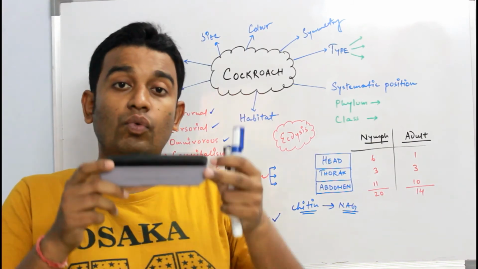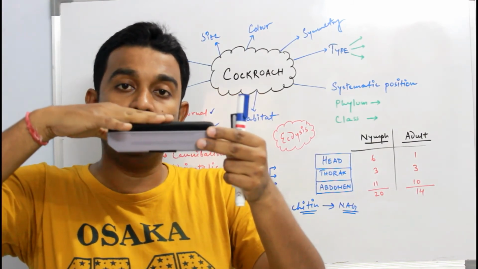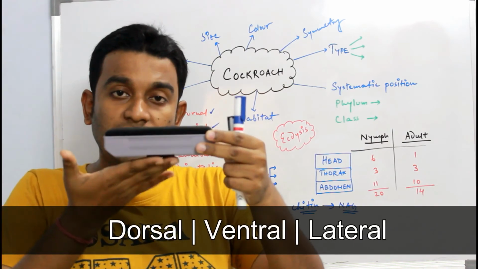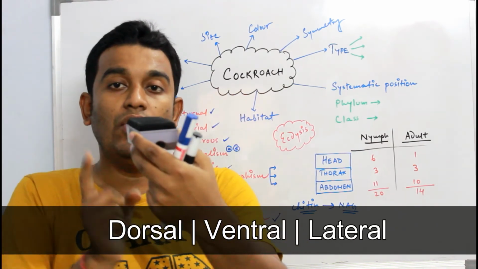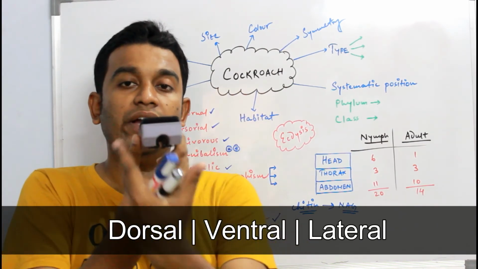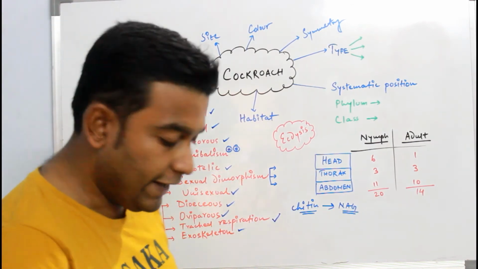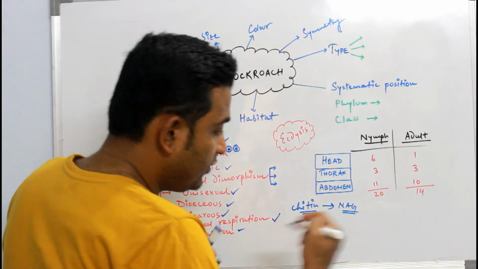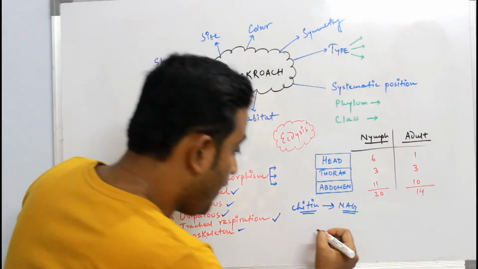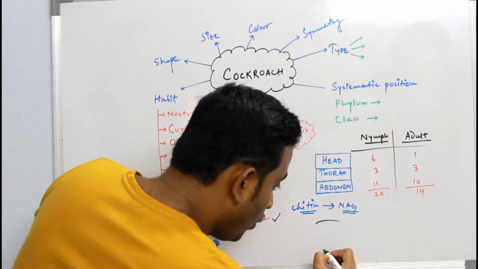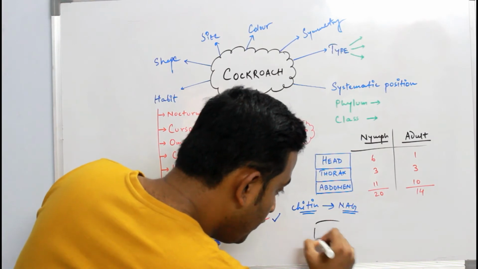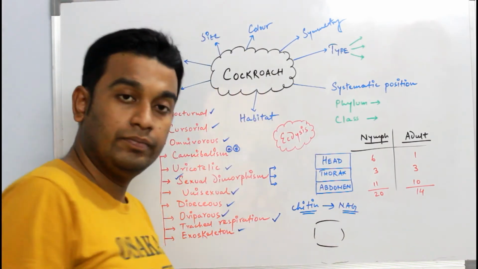So once again, one plate will be placed at the top of the segment, bottom of the segment, and 2 sides of the segment, so one on either side of the segment. Right? So how will it look? It will somehow look like this. See, I hope this is visible. Yeah. So this is dorsal, ventral and lateral.